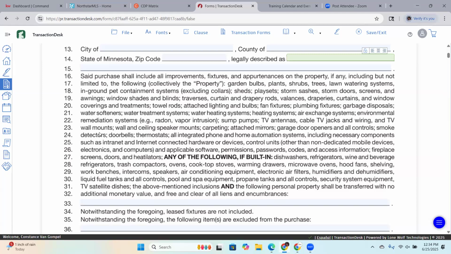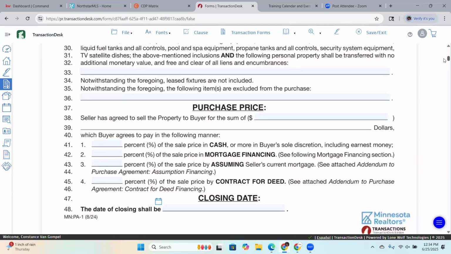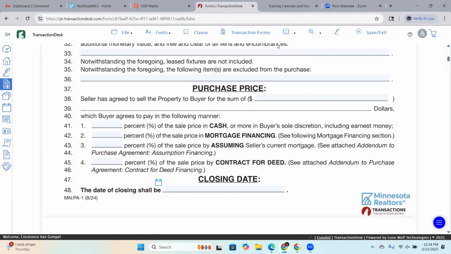If they're on the walls, they're supposed to be there when your buyers purchase it, unless you say it. Down here, you can add a few other items. Normally, a lot of times the washer and dryer get added here, maybe an additional freezer, something like that. If it's totally personal property, that goes on the personal property sheet. All right. And then you always put in the list of your listing price.